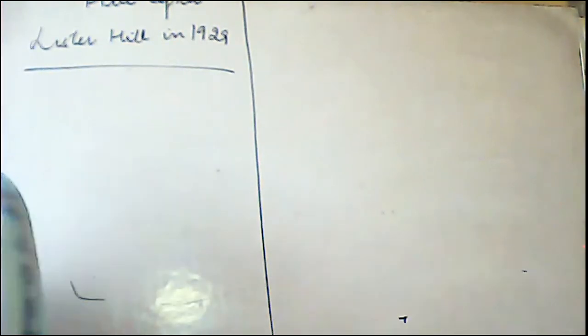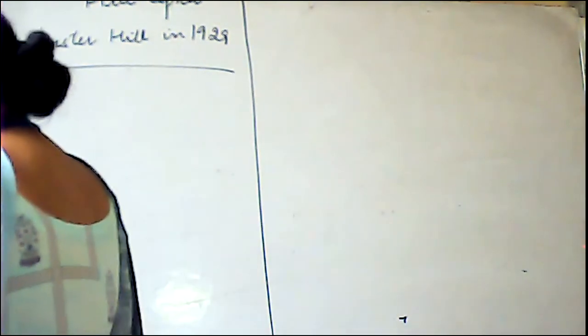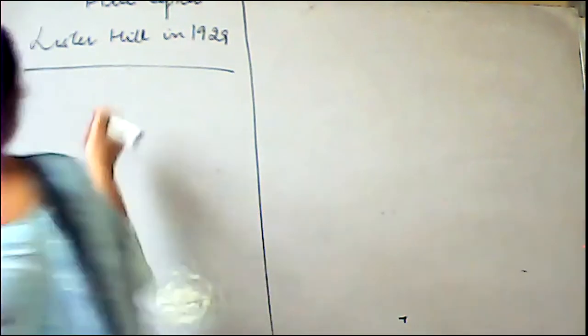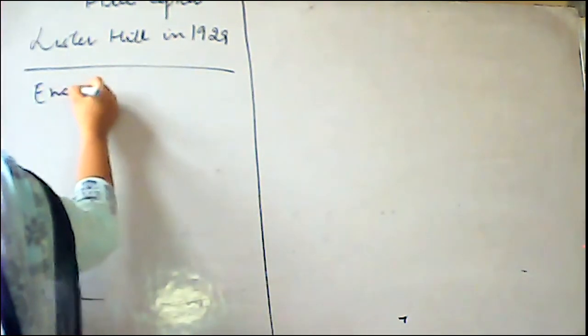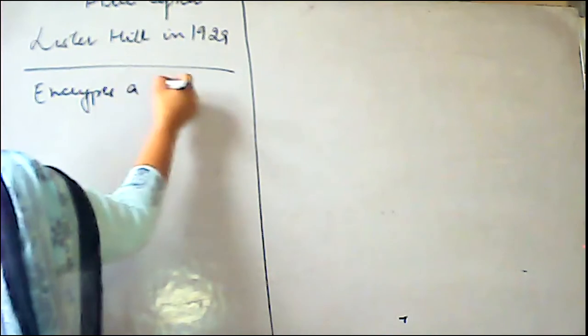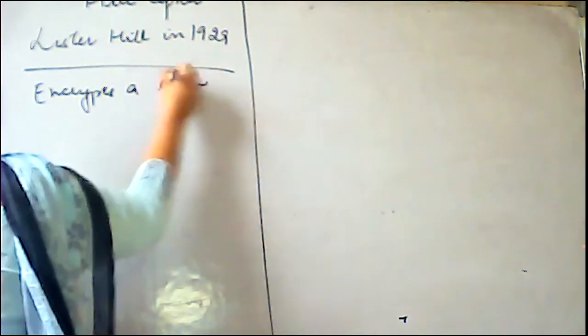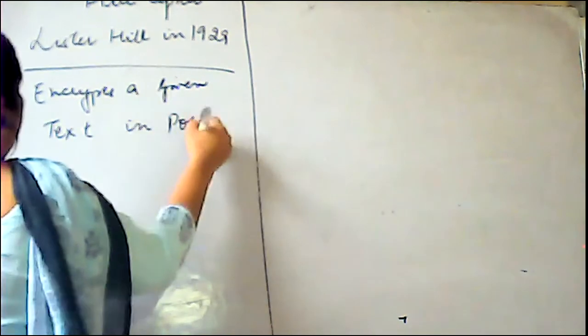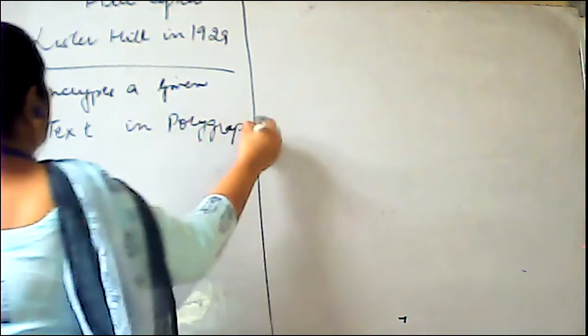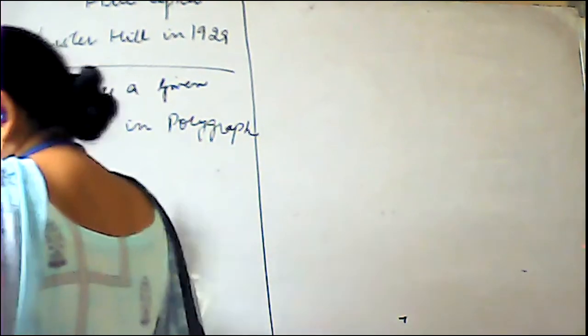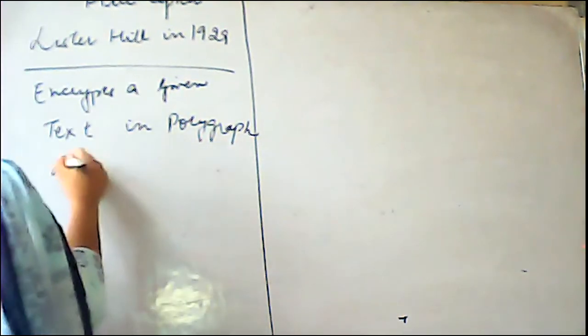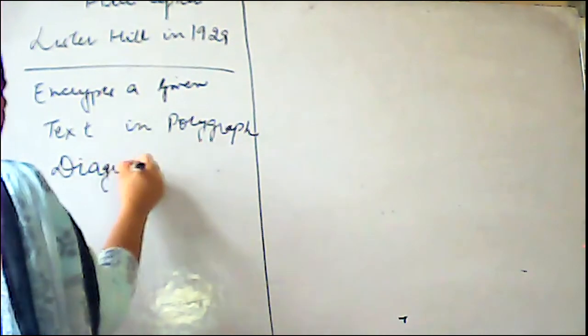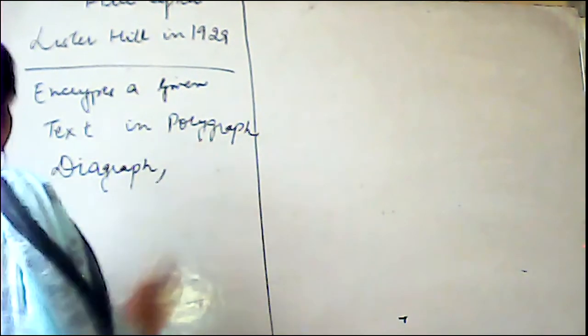This was developed by Lester Hill in 1929. So it encrypts a given text in polygraphs, like you did in the Playfair cipher in pairs. Here we will be doing it in the form of polygraphs. Polygraph means it could be a digraph, which contains two vectors, or a trigraph, etc.